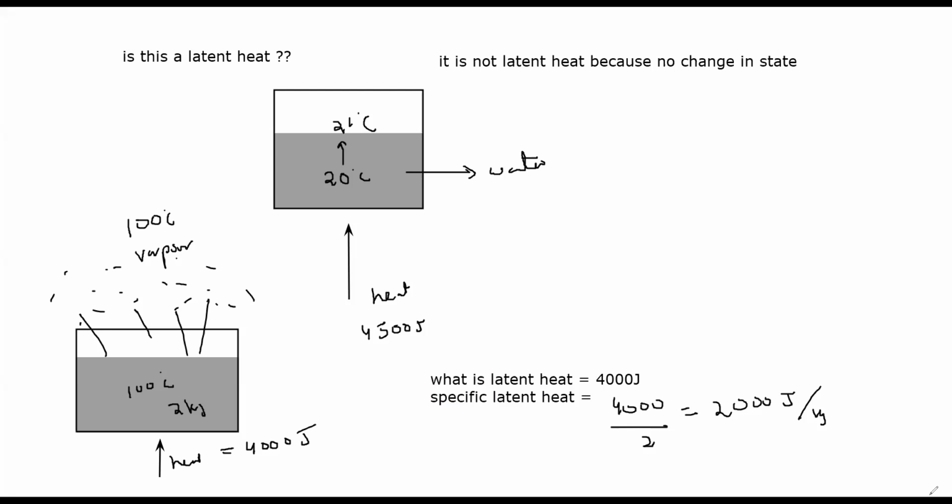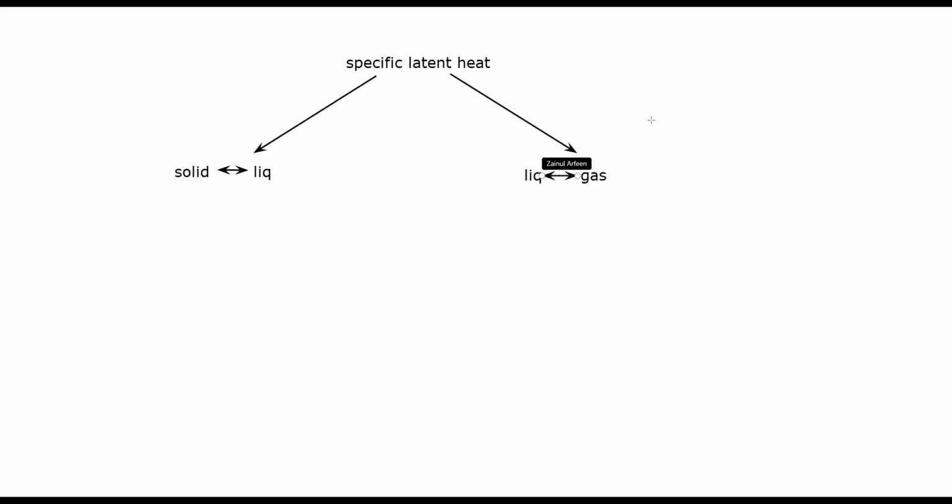Then latent heat, or specific latent heat, both have the same formulas, specific latent heat of fusion and vaporization. Because the change in state can be from solid to liquid, or from liquid to gas, or gas to liquid.